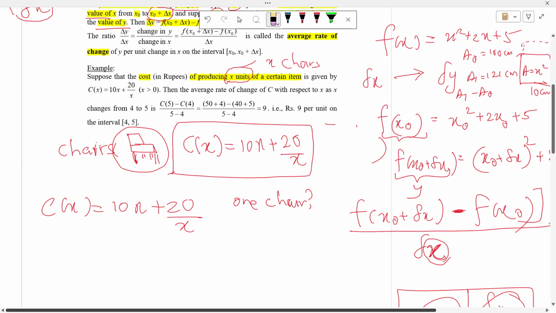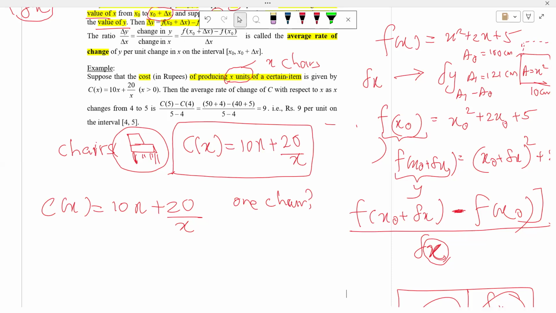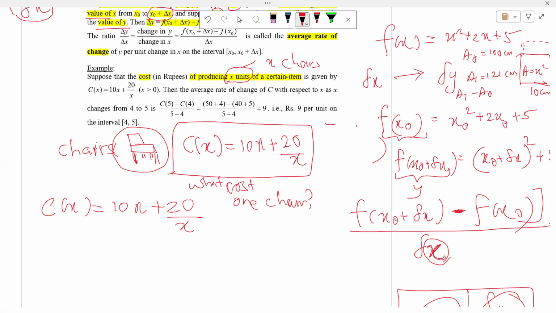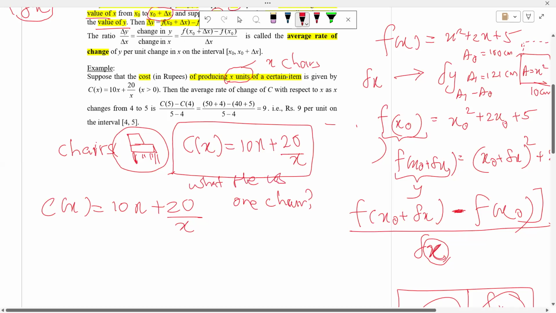Don't you understand what I'm saying here? Hello. So what is the manufacturing cost for one chair? Tell me. What is the production cost for one chair? What is the cost for one chair manufacturing? Tell me.